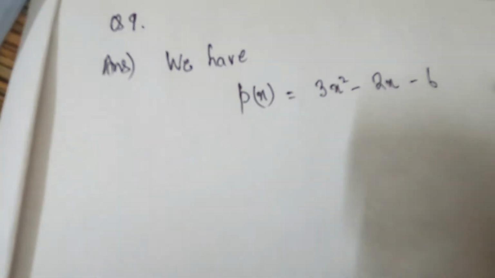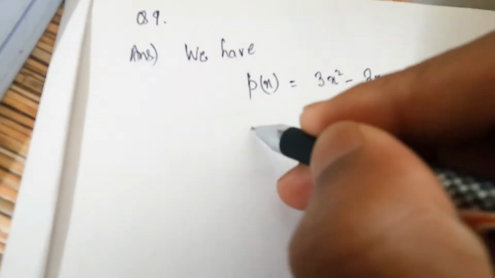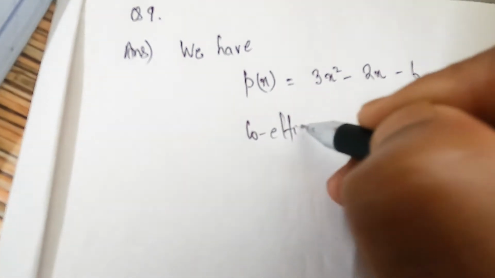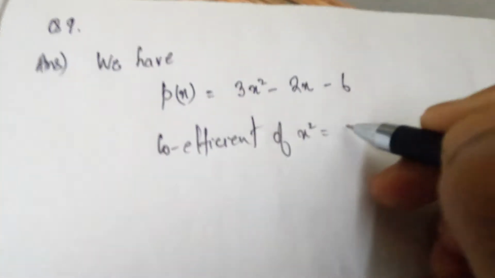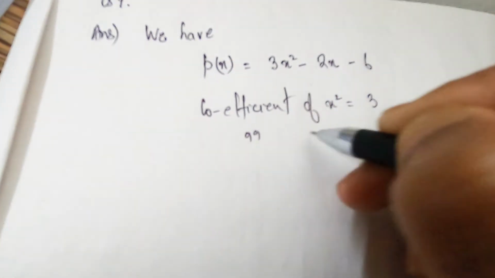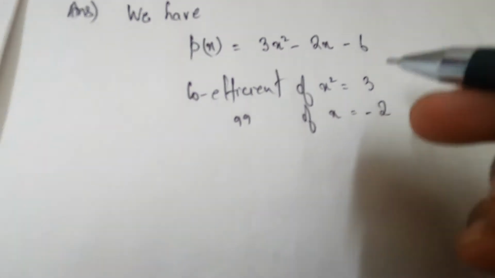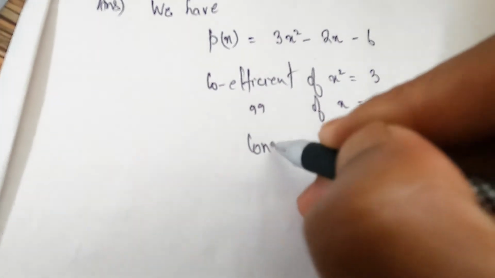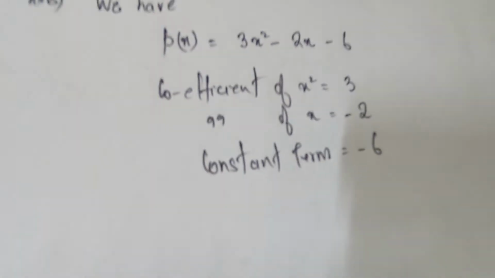So let us find first the coefficient of x and the constant term. You write here, coefficient of x square will be 3, coefficient of x will be minus 2, and constant term is equal to minus 6.